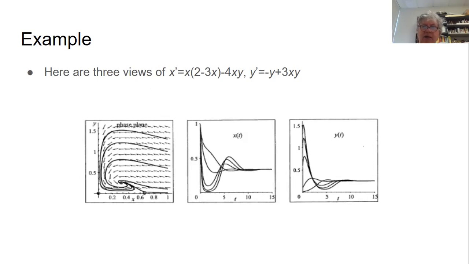Here I've given three projections: an xy projection, an xt projection, and a yt projection. Two of them give us time plots of our solutions to x and y, and the first one, our xy plot, looks very much like a phase plane, like we saw before.